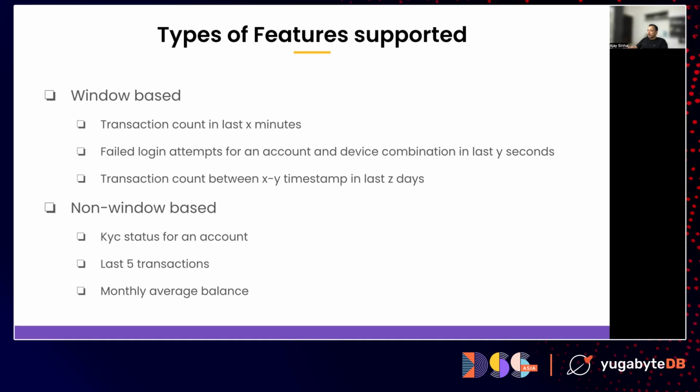Non-window-based features are just key value pairs. Here, the value can be a single object, or it can be a list of objects. Let's say if the KYC status of an account is a feature, then this is a single object key value pair. I can have something like the last 5 known locations of an account, which is an example of a list type of feature.